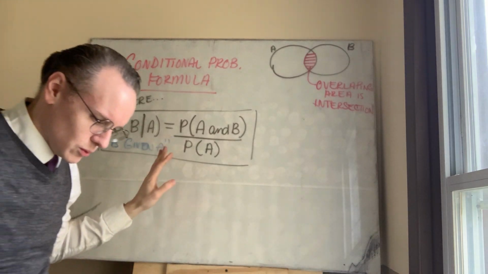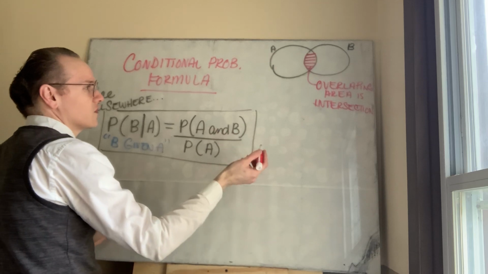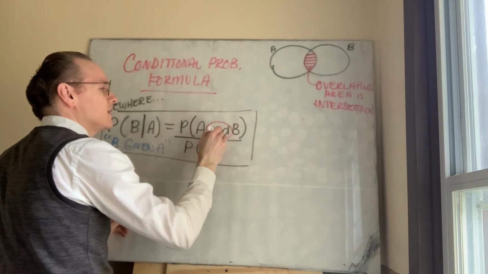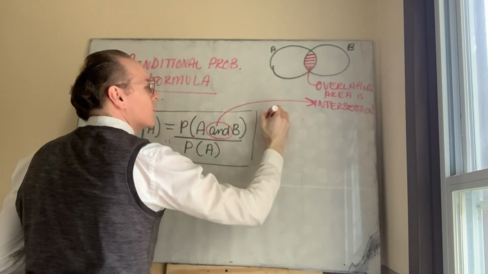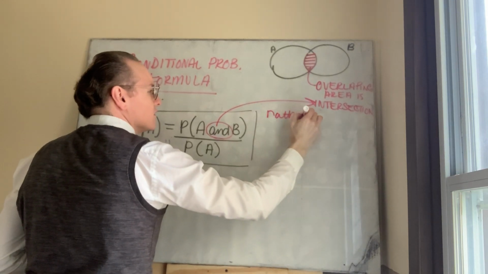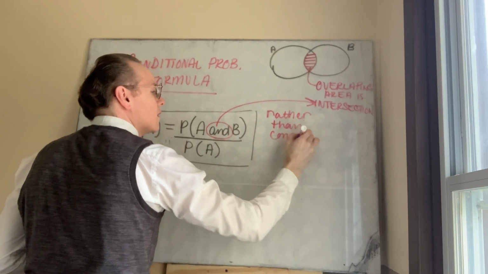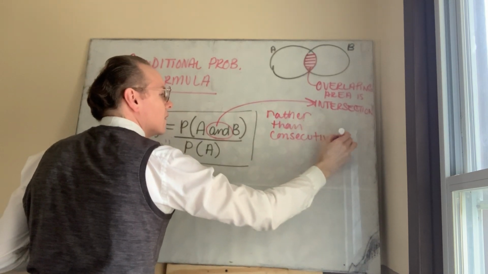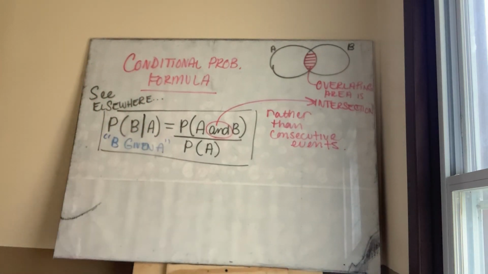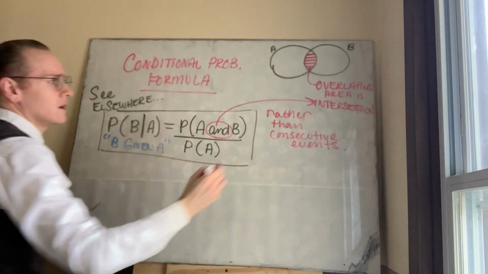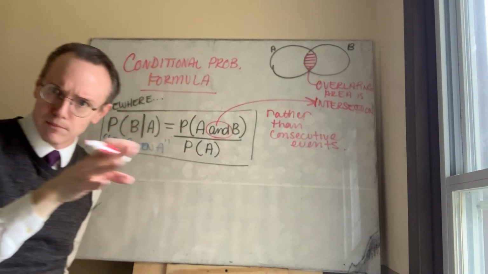So, although you will see this here, and they will not draw any other distinction, just realize that the "and" written here is referring to an intersection, rather than consecutive events sometimes. Okay, so be careful of that. Conditions that are shared within the same item or element.